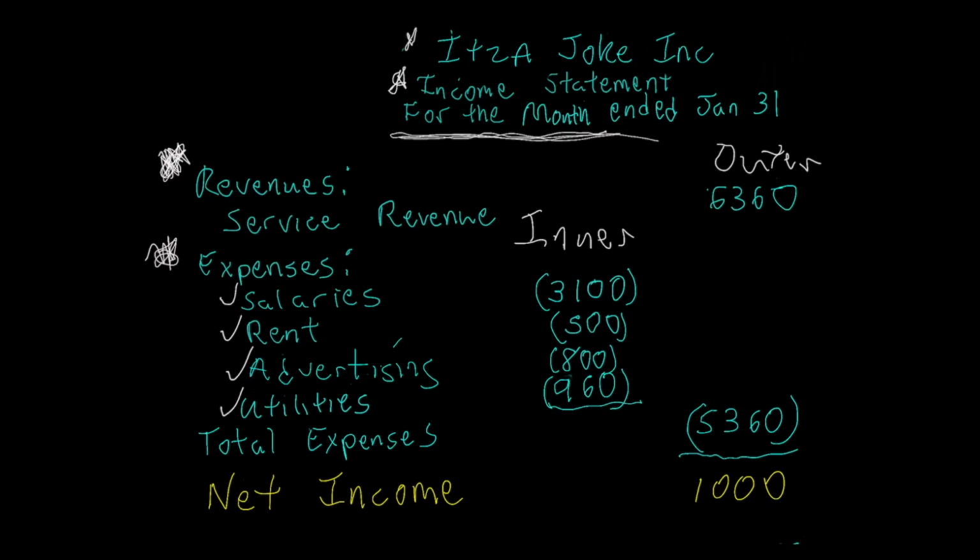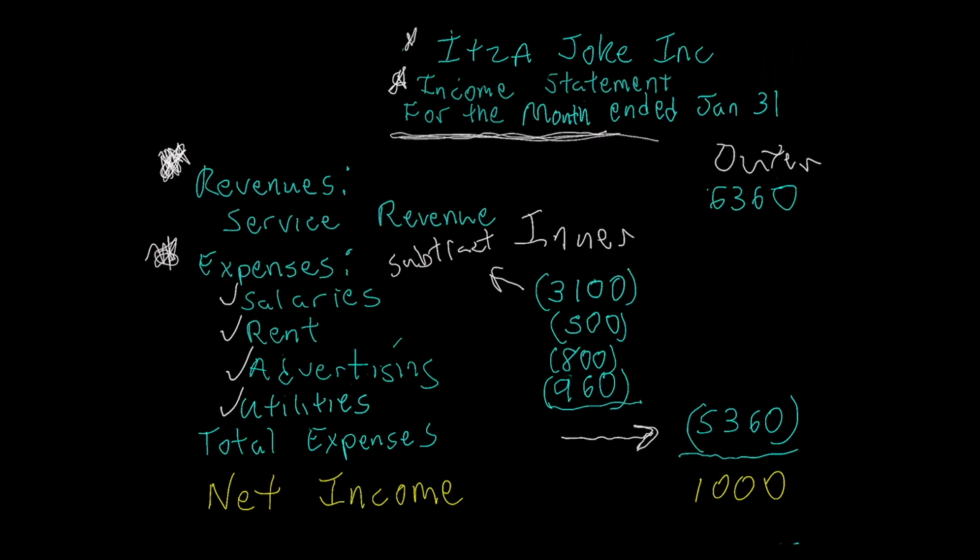So as you notice, gang, we have brackets around each one of these expenses. Basically, when we're reporting and we use these brackets, it means to subtract. So what we're doing here, gang, we're adding up our salaries, rent, advertising, utilities, and we get a total, which is transferred to the outer column of $53.60.